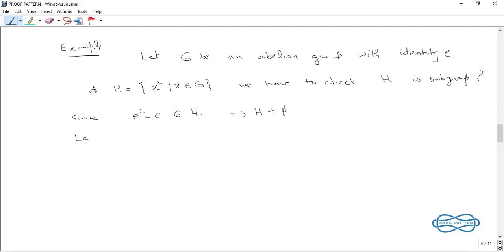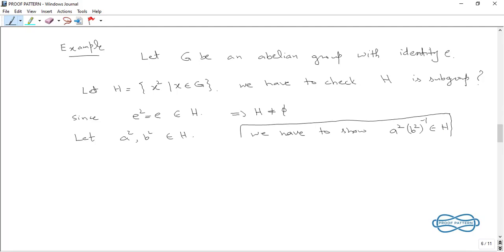Now consider two elements, A square and B square, belonging to H. We have to show that A square and B square inverse belongs to H. If we are able to show this, then according to the one-step subgroup test, H will be a subgroup.